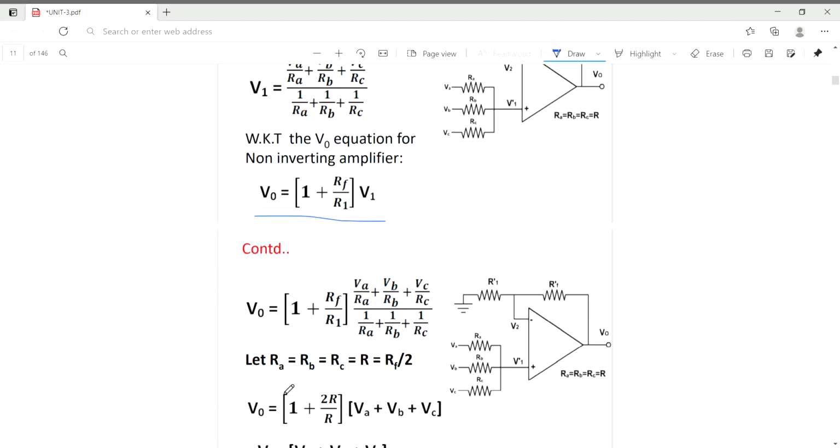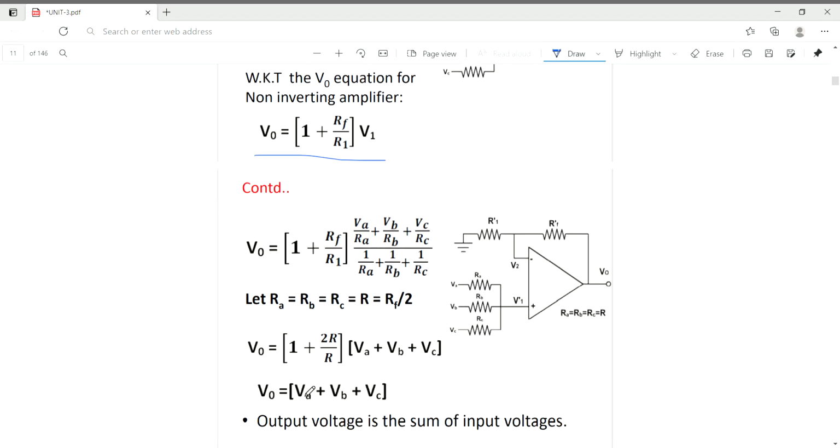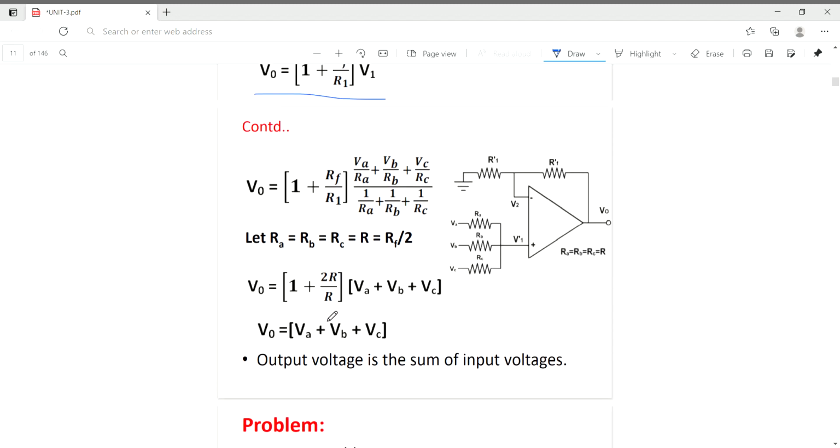And if RA, RB, and RC are all equal to R, and R1 is equal to RF by 2, then we'll be getting the output as 1 plus 2R by R, which is 3 into VA plus VB plus VC. The output will be the sum of the voltages times 3, which is scaling: the input voltages are scaled 3 times.